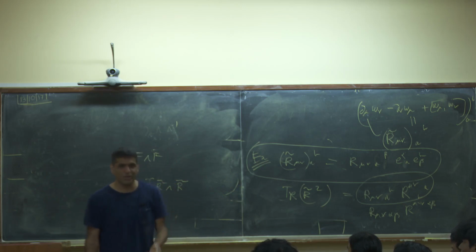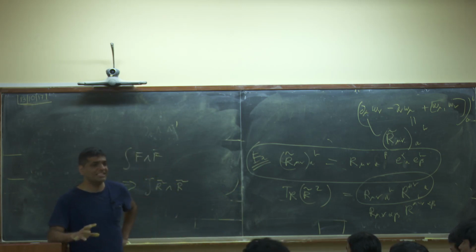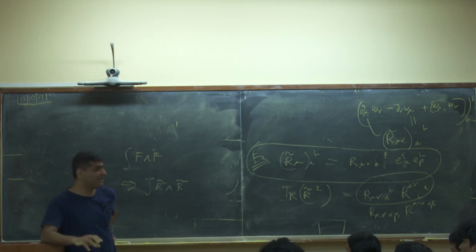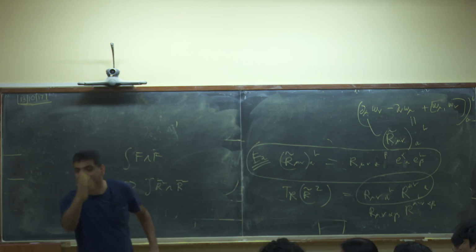This is not for the course, but just for those who know. As most of you probably know, one quick way of deriving an anomaly is to try to understand how the measure of a path integral changes under the variable change that is associated with doing a symmetry transformation.